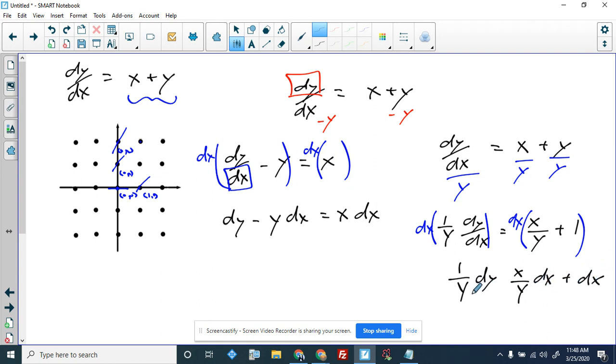The left side's good, but now the right side's a mess. So long story short, guys, you can't solve this with separation of variables. It is impossible. And we have alluded to that before. Separation of variables is a limited solving technique. And a differential equation as simple as just x plus y can't be solved with this method.